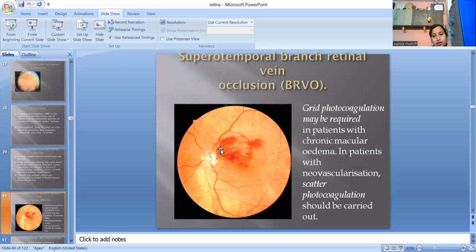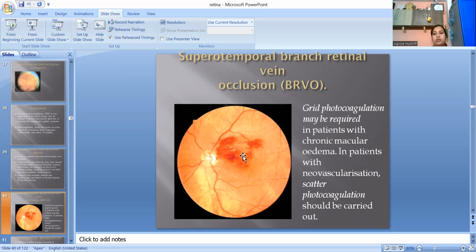So macular edema will be associated with this superficial hemorrhage, and BRVO will have macular edema, which will be the main reason for diminution of vision. Here, disc edema will not be there like CRVO, visual acuity will not be as much lost as in CRVO, and pupillary reaction will be normal.